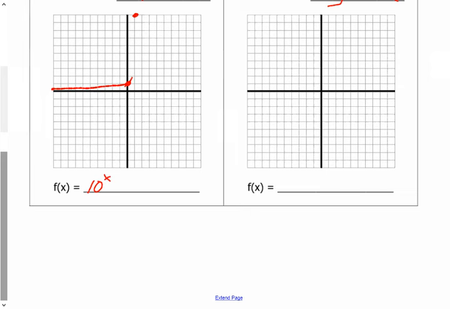And again, you want to verify these on your calculator. But there will be my points for an exponential function. And again, what am I doing? I'm plugging in 0 and getting 1. I'm plugging in 1 and getting 10. These are my values that I'm plugging in.